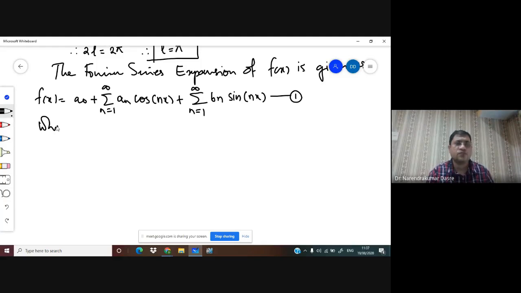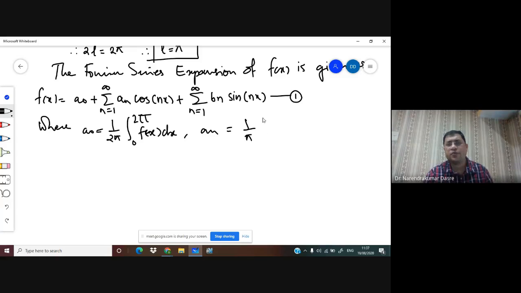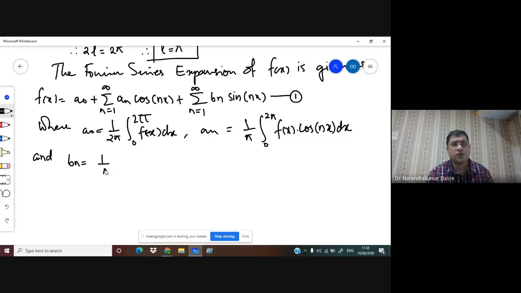where a0 is 1 upon 2 pi integral 0 to 2 pi f of x dx. an is equal to 1 upon pi integral 0 to 2 pi f of x into cos of nx dx, and bn is equal to 1 upon pi integral 0 to 2 pi f of x sine of nx dx.